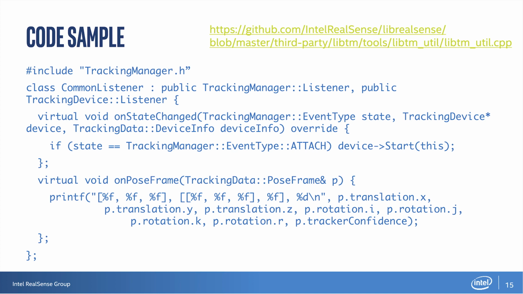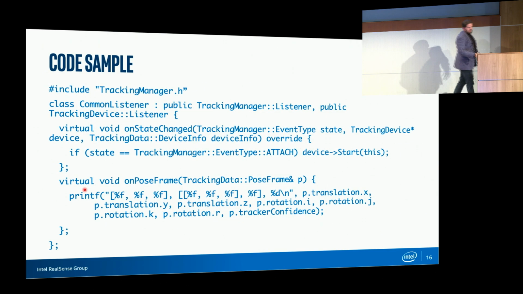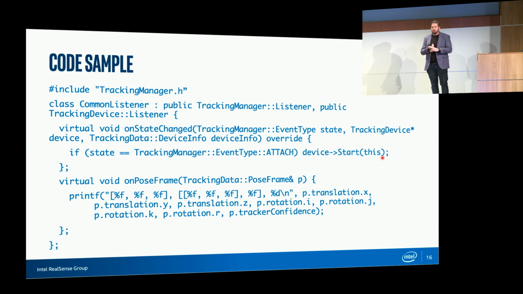The idea behind this is that a class is implemented that inherits from the manager as well as the device, and implements or listens to those callbacks, such as when a device is attached. Here in this case, it is started in the default configuration. It can be configured depending on which stream should be enabled, if relocalization should be enabled or disabled, and so on.